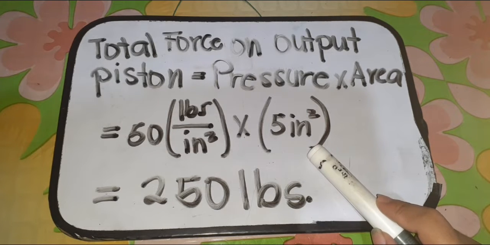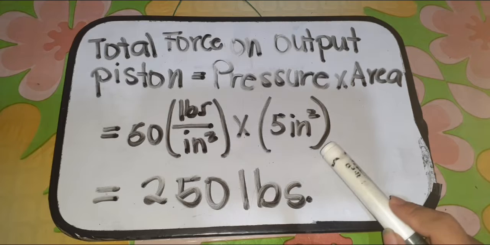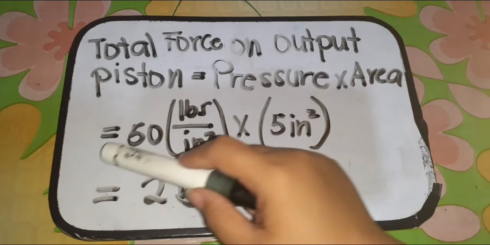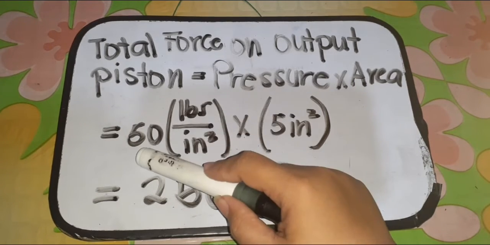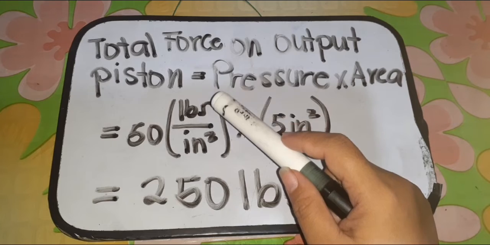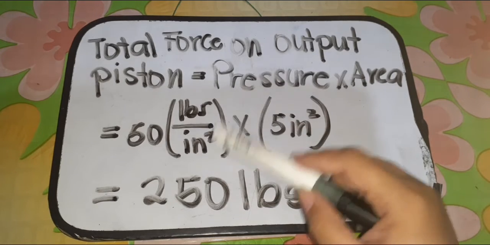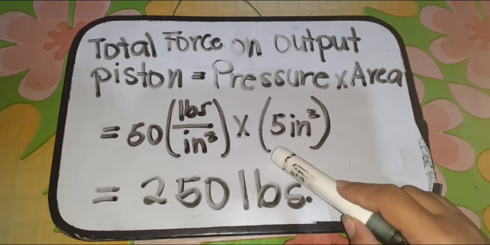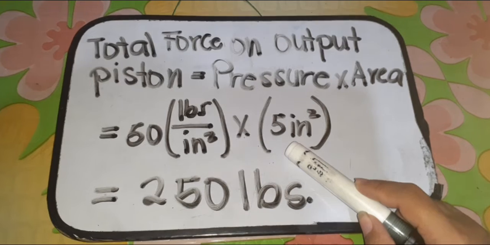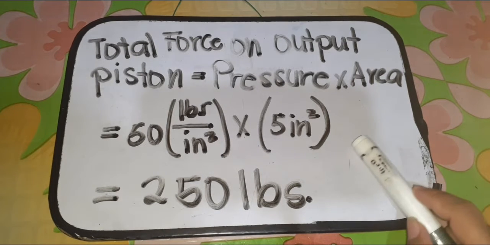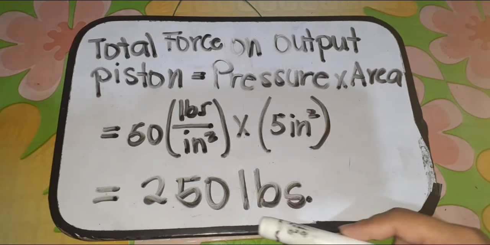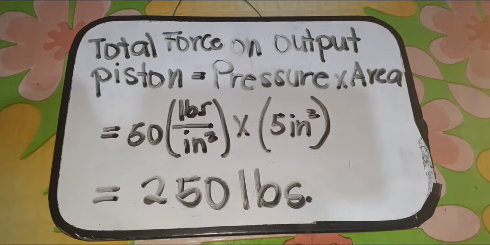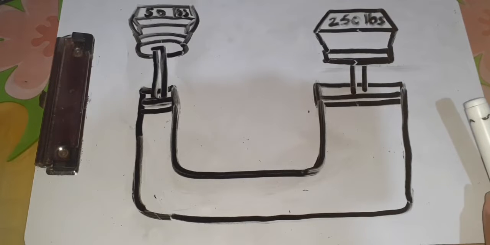So the total force on the output piston is equal to pressure times area, which is 50 pounds per inch squared times 5 inches squared, equal to 250 pounds. So this gives us a total force of 250 pounds.